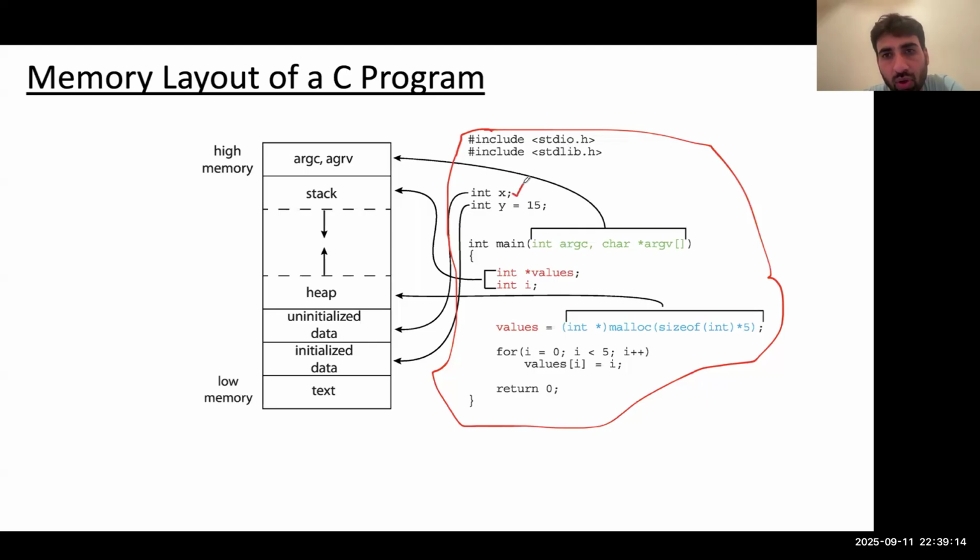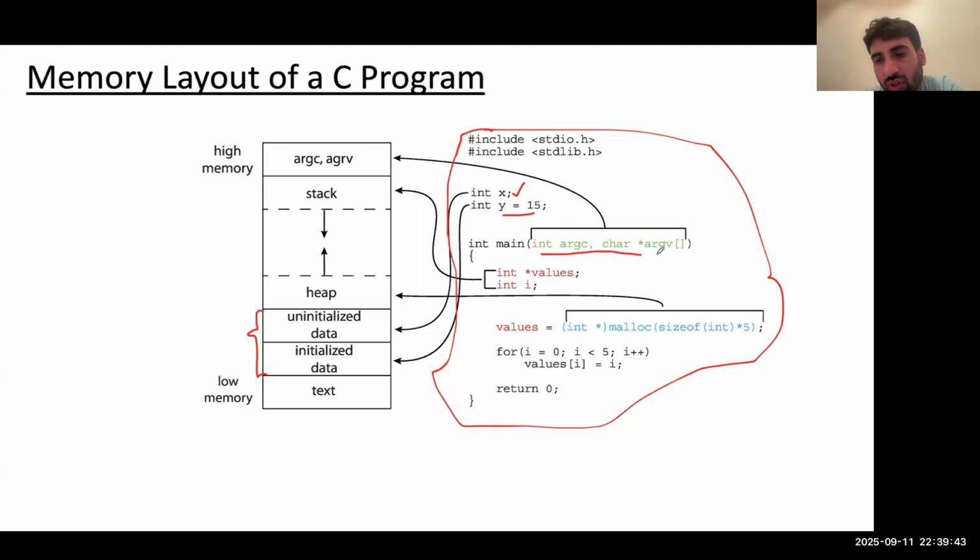The global variables can be divided into two categories, uninitialized and initialized. That's why the data section here is divided into two subsections: initialized data and uninitialized data. X, which is uninitialized, goes to the uninitialized data section, and Y equal to 15 is also a global variable, but it is initialized, so it goes to the initialized data section.